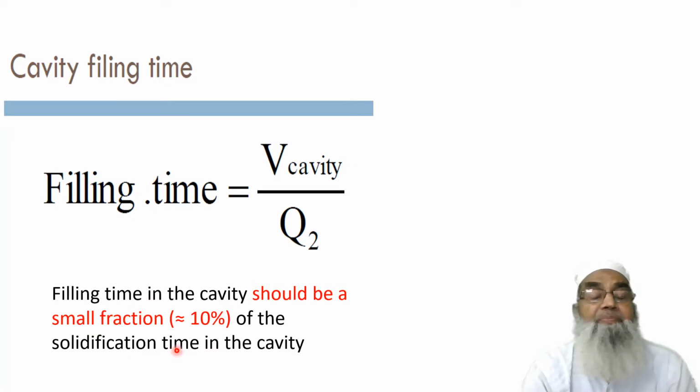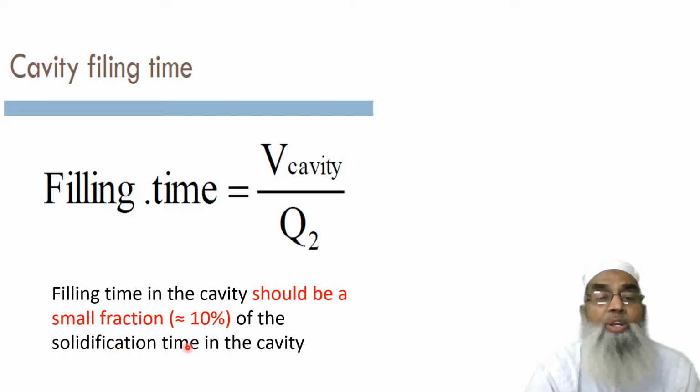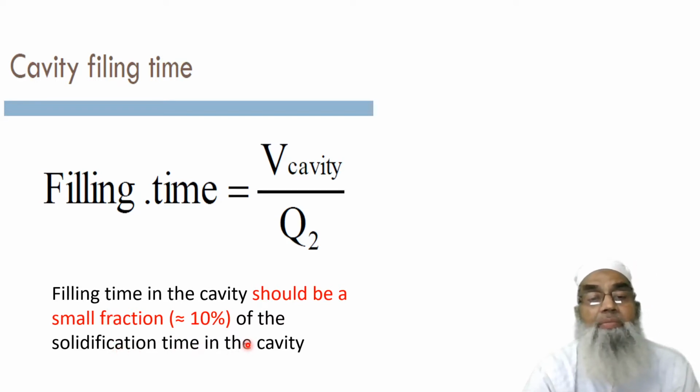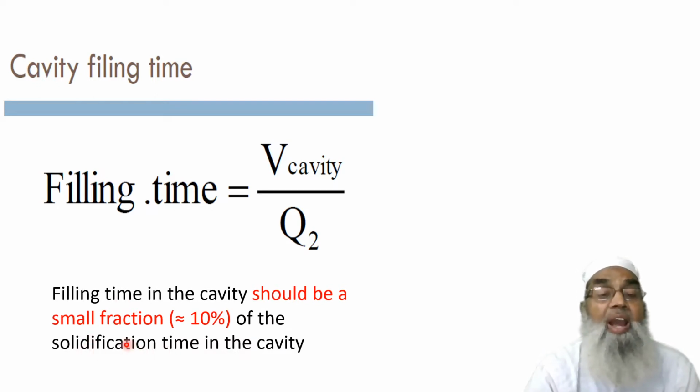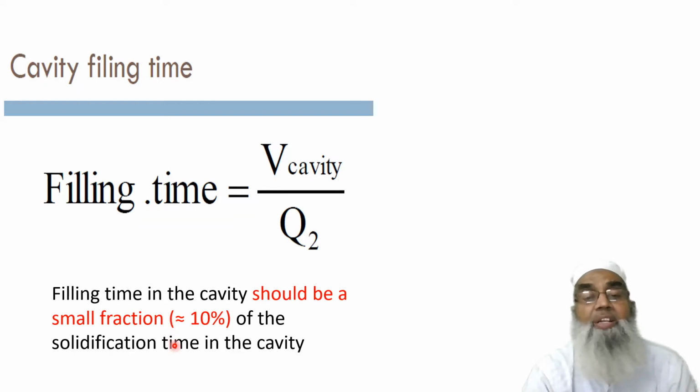That means the metal should not solidify prior to filling of the cavity. The solidification time should be sufficiently higher than the filling time. Each and every corner of the cavity should be filled first, and then solidification of the molten metal in the cavity should start.